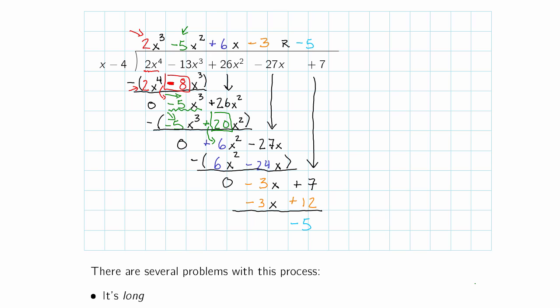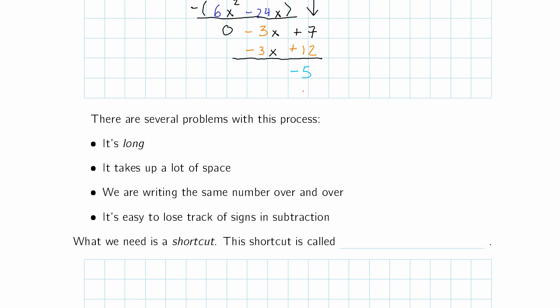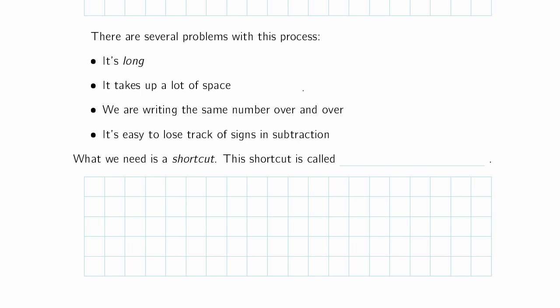And speaking of subtraction, the signs in the subtraction really make our life difficult. A lot of the time, we have to be subtracting a negative number. What we'd really like, in order to make this whole process easier, is a shortcut. And in fact, we have a shortcut called synthetic division.